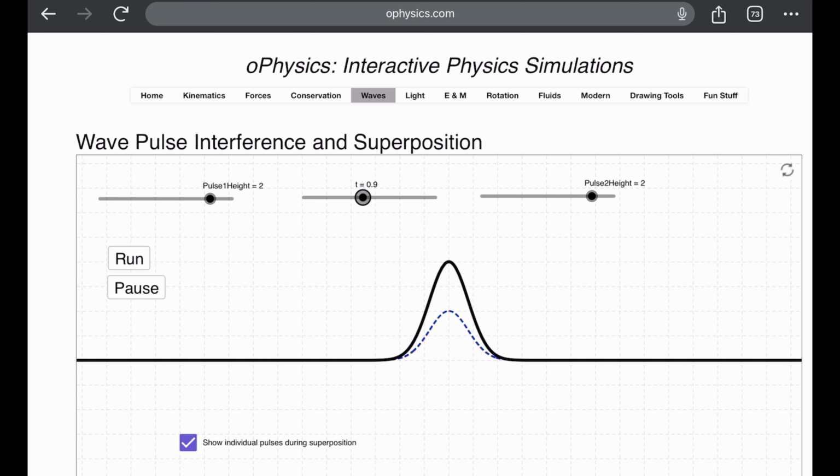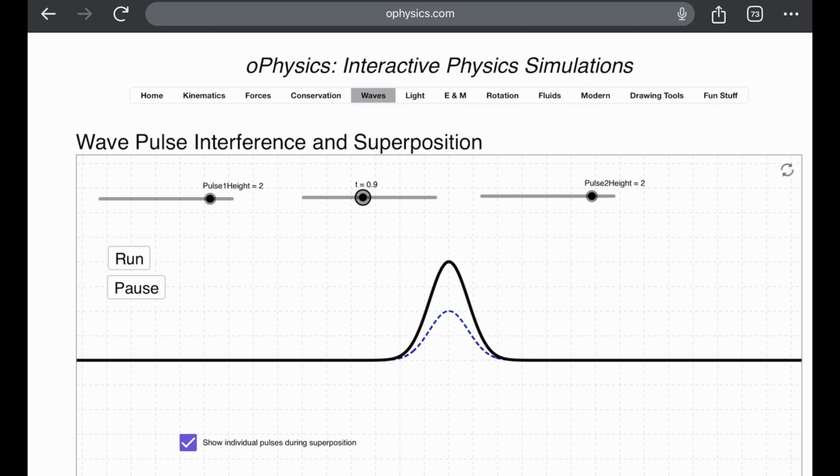Or take light: when two lights come from two slits and interact, and there is a bright spot with maximum intensity, that is a constructive interference point.